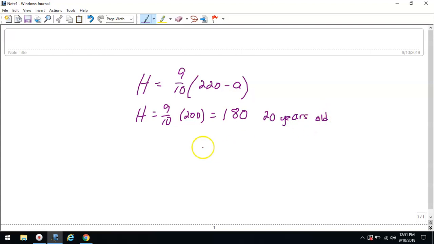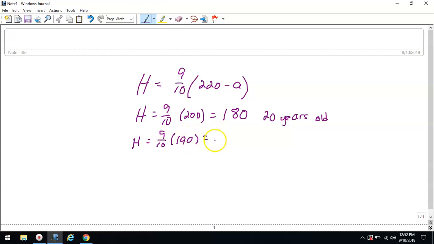Okay, and then the next number is 30 years old. So if I put 30 in for A, I get H equals 9/10 times 220 minus 30, which is 190. All right, let's see if I can do this mental math.